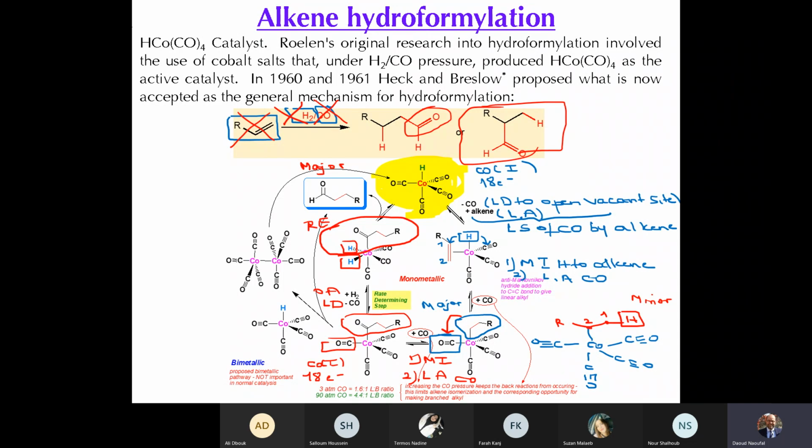And pay attention, in some exercises they ask to explain the formation of all products formed. If you have 3 products formed, that means you have to write 3 catalytic cycles. If you have 2, you write 2. Or you can say that the formation of the branched product will follow the same mechanism, but by using this intermediate, and you draw the intermediate.